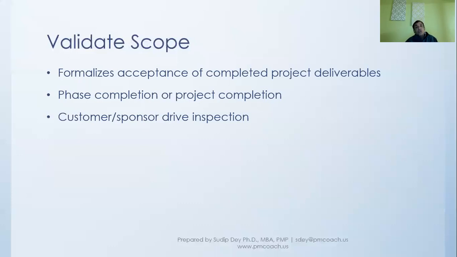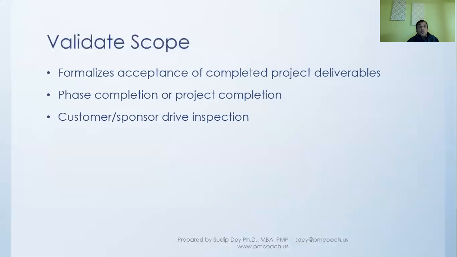One thing to remember, and this can be a little confusing because it can get mixed up with another process: validate scope is customer or sponsor driven inspection. It is not about us, the project team doesn't do that inspection.